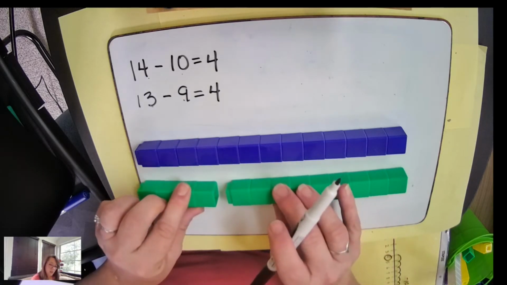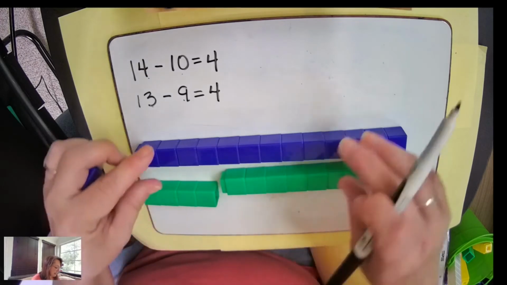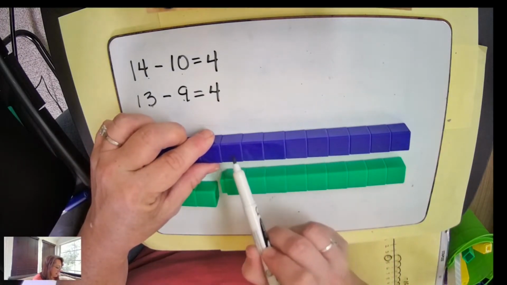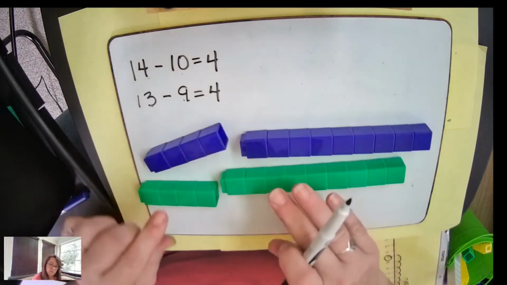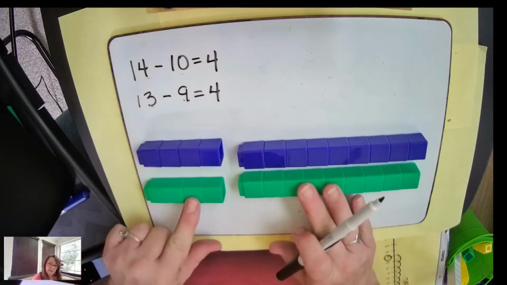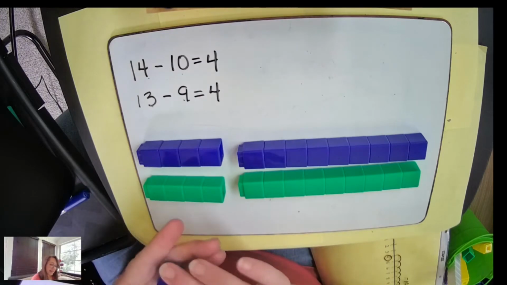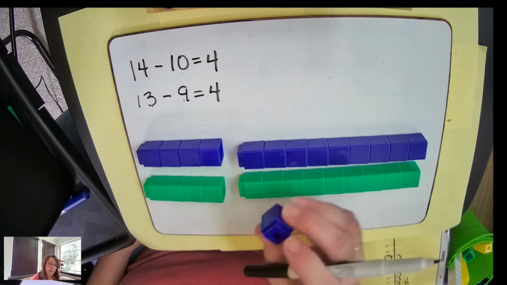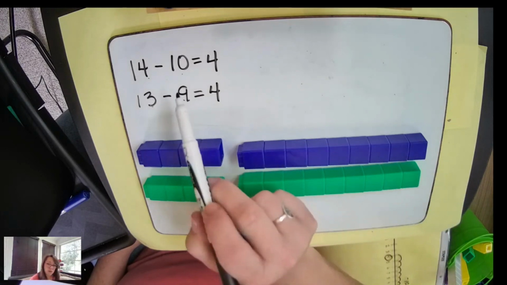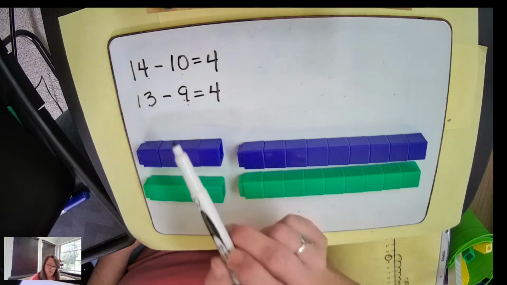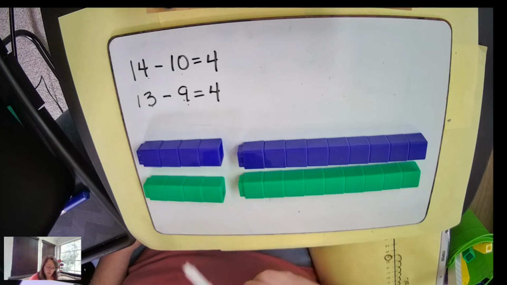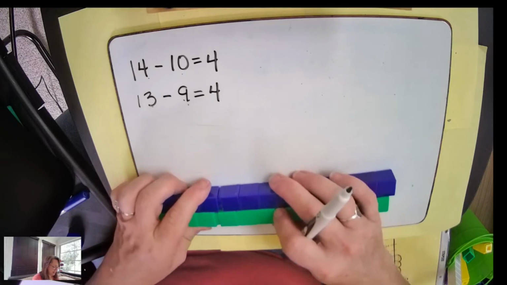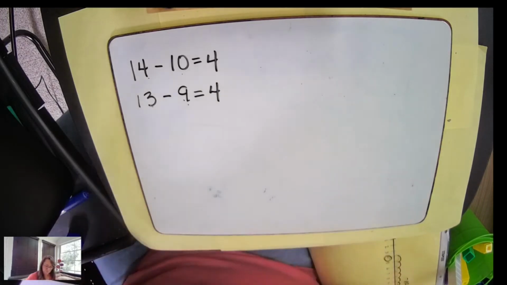So we subtracted only 9. 1, 2, 3, 4, 5, 6, 7, 8, 9. So by taking 1 away from the 14 and taking 1 away from the number we're subtracting, we have the same problem. Let's see what that might look like. That's very interesting.